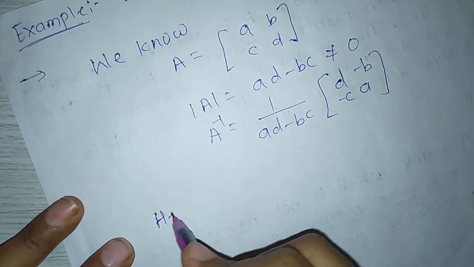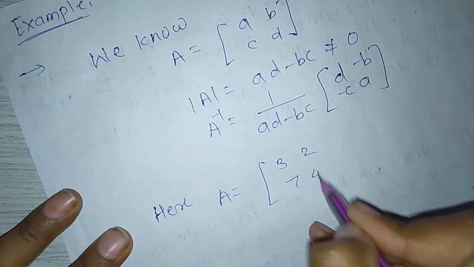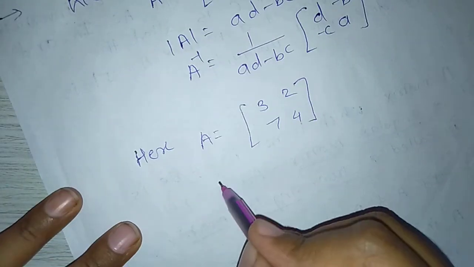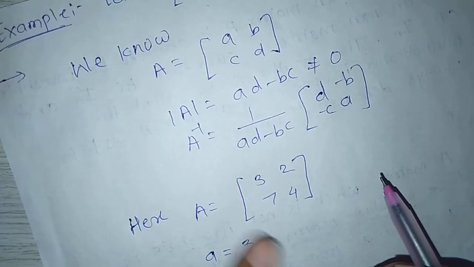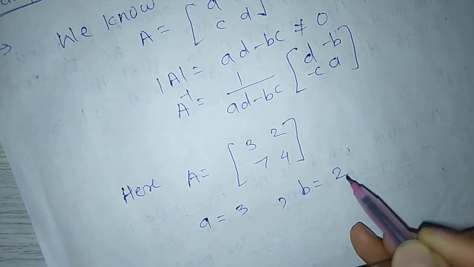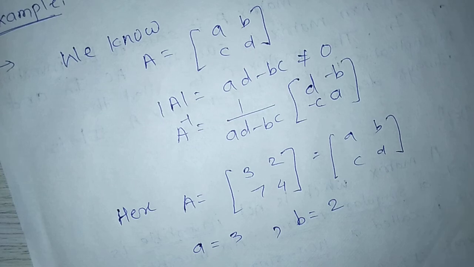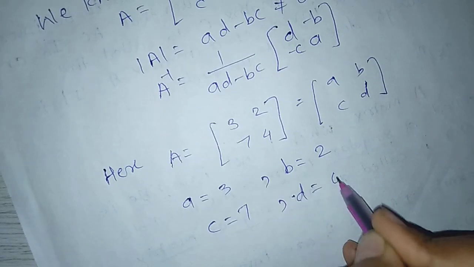Here A equal to 3, 2, 7, 4. Comparing entries of A with these entries: a equal to 3, b equal to 2, c equal to 7, d equal to 4.